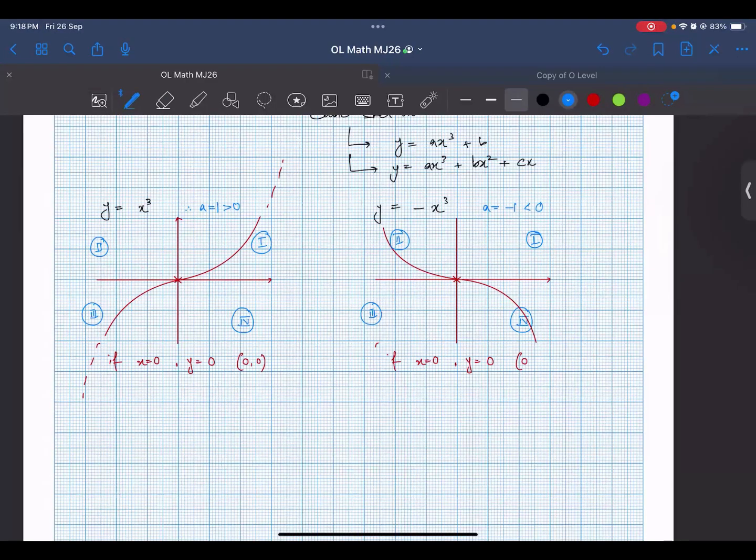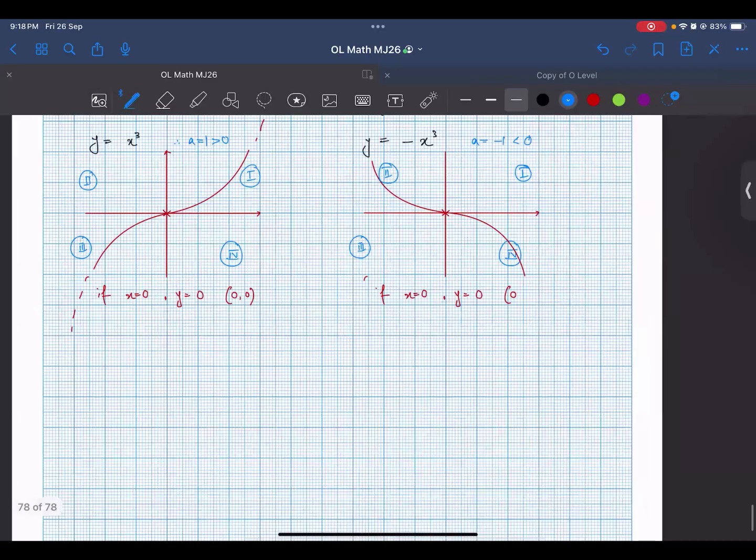And this value of A can tell you a very important detail about the movement of this graph. If your A is positive, then your graph goes from the third to the first quadrant.